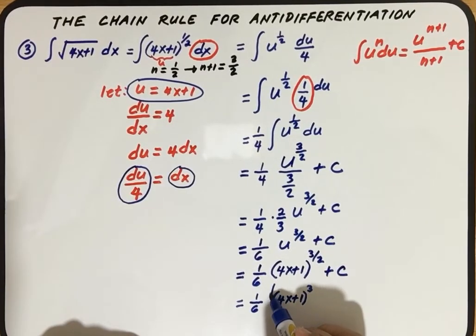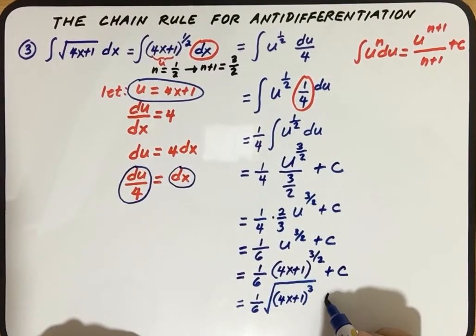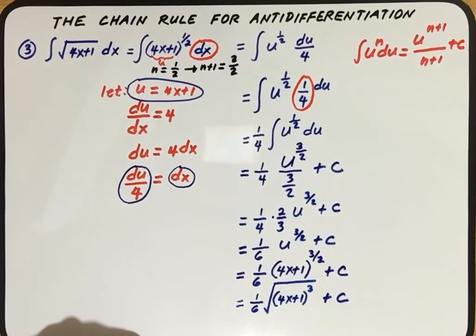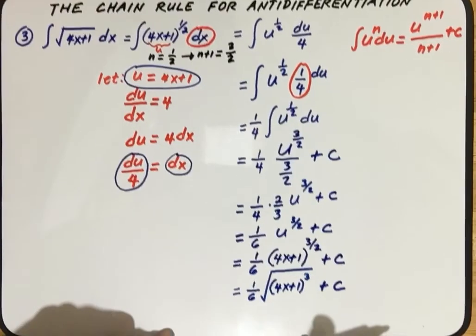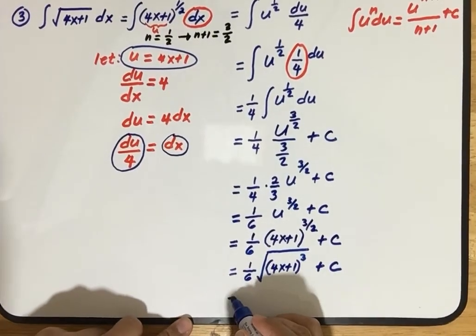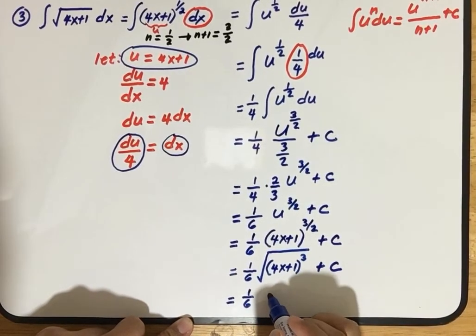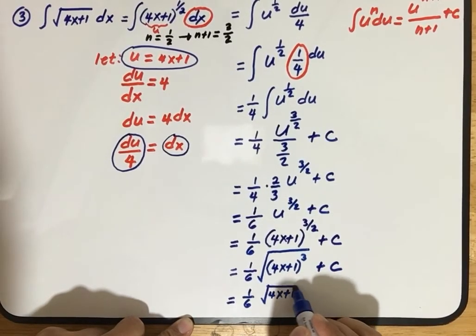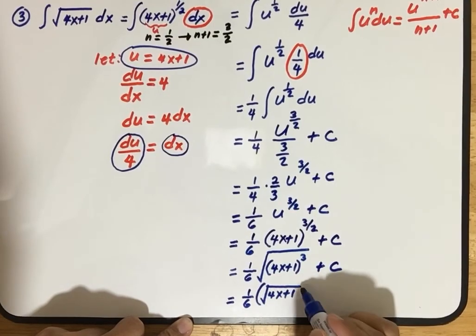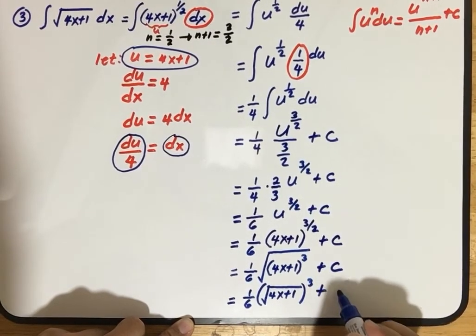So put this in a radical like this, then plus c. This is just the same as 1/6 times the square root of 4x plus 1, then raised to the exponent 3, then plus c.